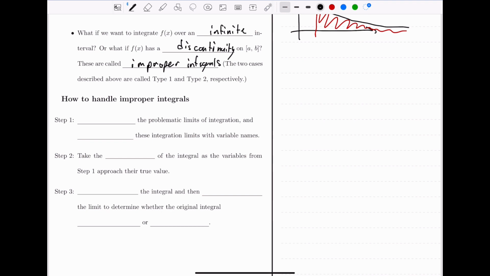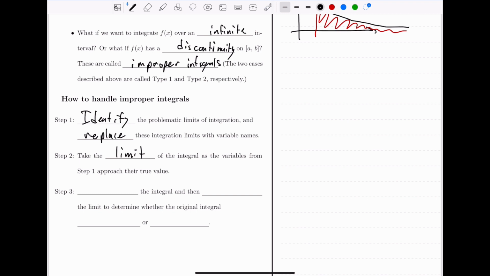Well, the first step is to identify problematic limits of integration. These will usually be plus or minus infinity, or they will be a place at which the function has a discontinuity. We simply replace these problematic limits with variable names. We'll just call them a or b or whatever. The next step is to take the limit of the integral as the variables from the last step approach their true value.